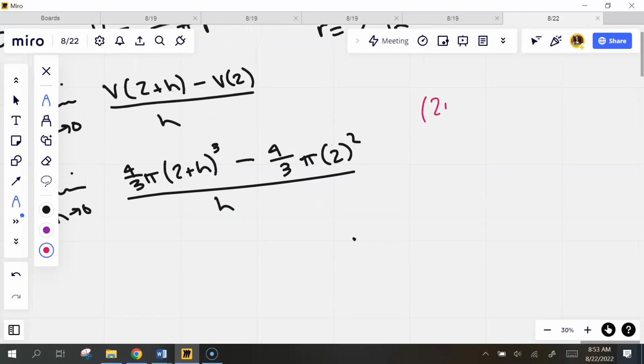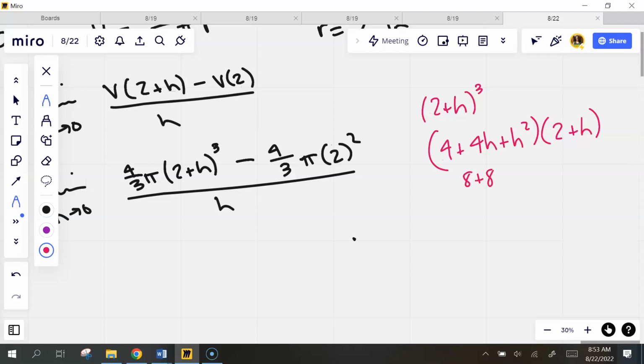So I have 2 plus h cubed. I know 2 plus h squared, that's easy. That's 4 plus 4h plus h squared, but I have to multiply it by another 2 plus h. Well, that's not going to help me get my h out of the bottom.